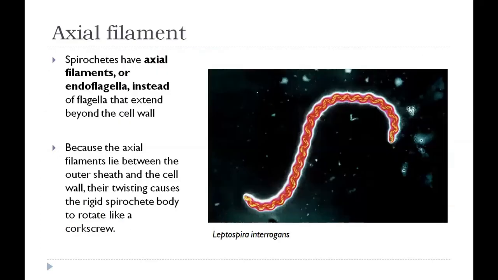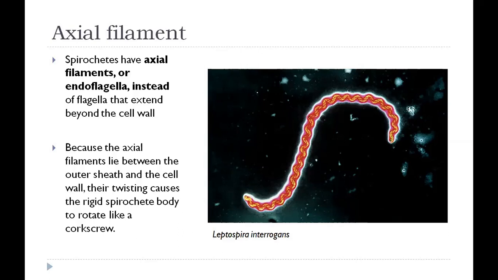Another external structure is the axial filament. Axial filament is nothing but flagella. It is a type of flagella, but this special type extends all over the body of the bacteria. It spirals around the body along the length of the bacterial cell. This flagella is further covered by one membrane, which is known as the outer sheath.